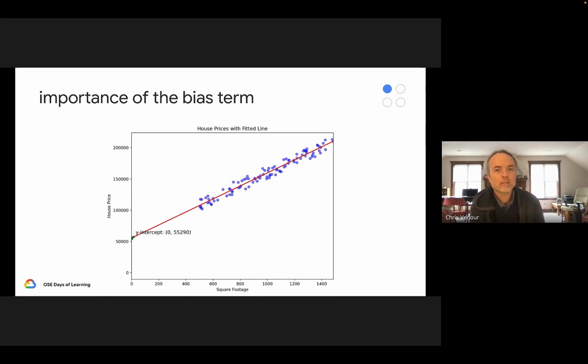So the bias term in the output node captures this minimum price. In other words, as soon as something is called a house, its price is automatically $55,000, let's say, regardless of its features.